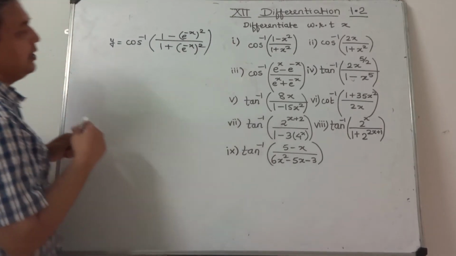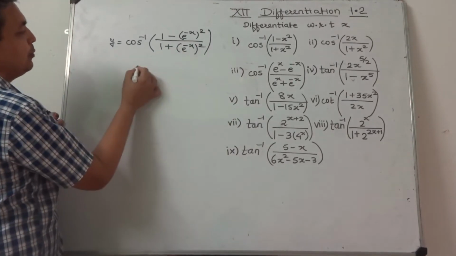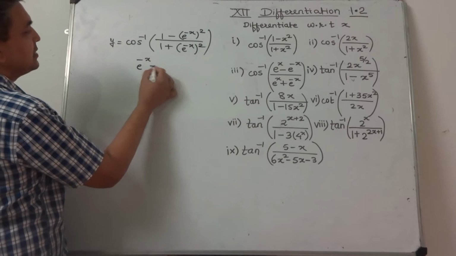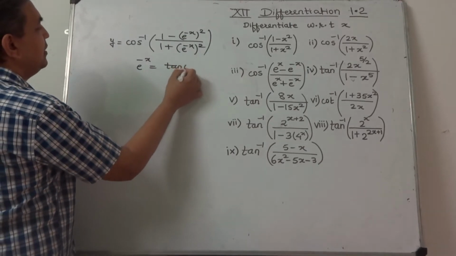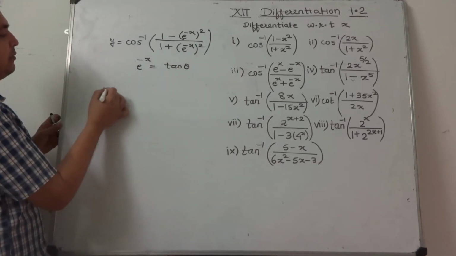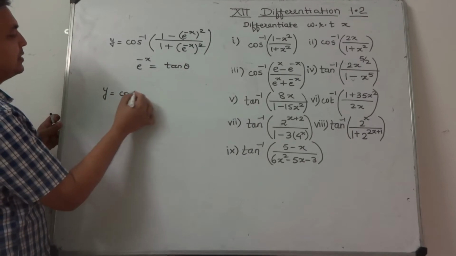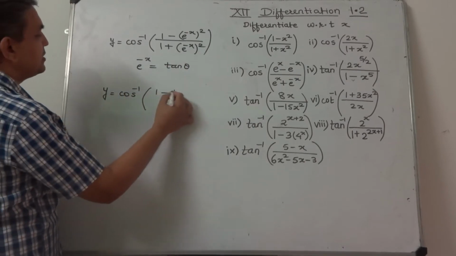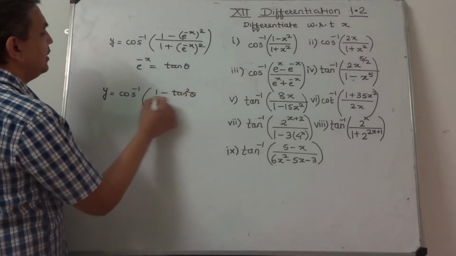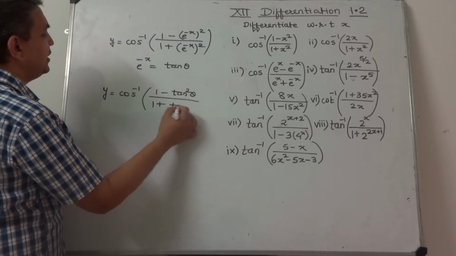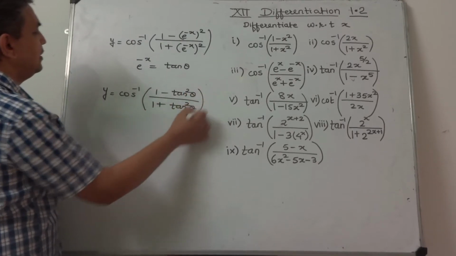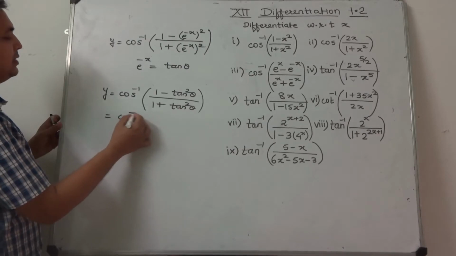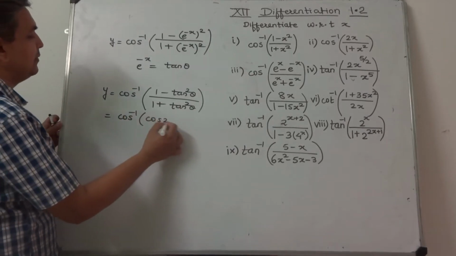Now this is trigonometric formula. So we have to put e raised to minus x is equal to tan theta. So what do we get? Y equal to cos inverse 1 minus tan square theta upon 1 plus tan square theta, again cos 2 theta. So we get cos inverse of cos 2 theta.